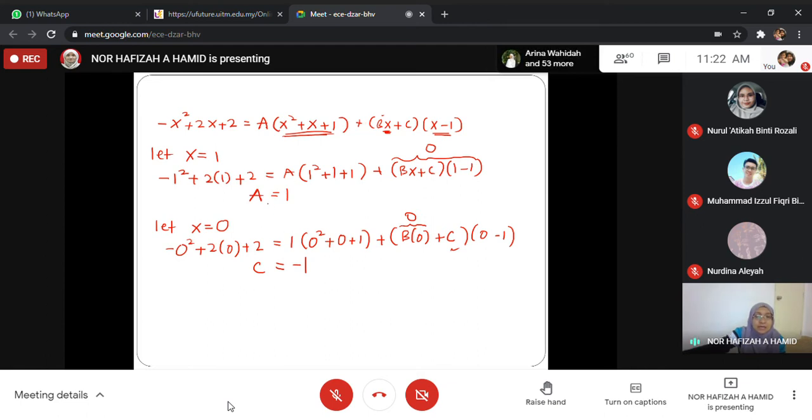So bila you dah calculate the first two values of constant tu, so yang last constant you can calculate using substitution of any values of x. For example, saya choose let x is equal to 2. Okay, so when x is equal to 2, you boleh substitute all x with 2, plus 2, so equal to A, substitute with 1.